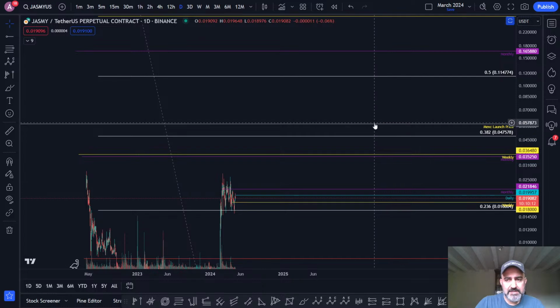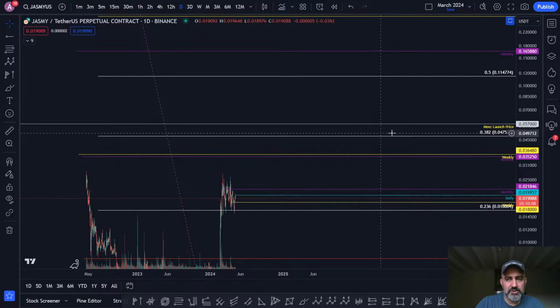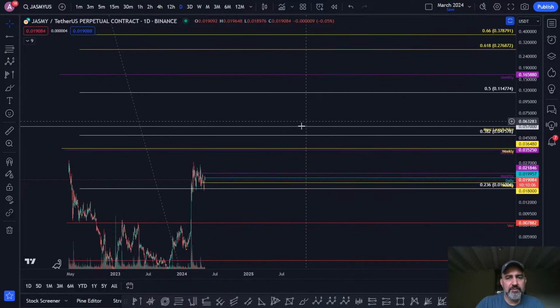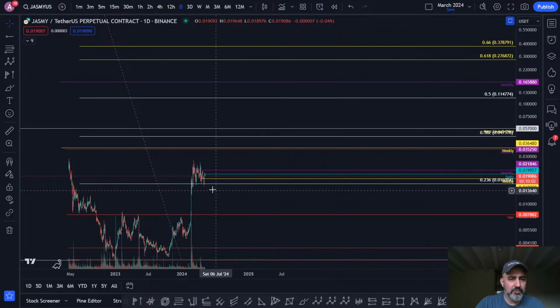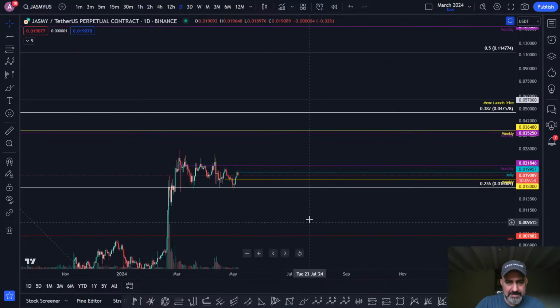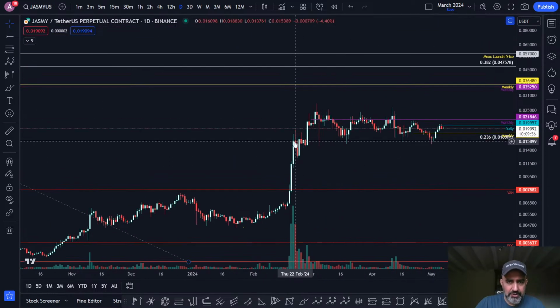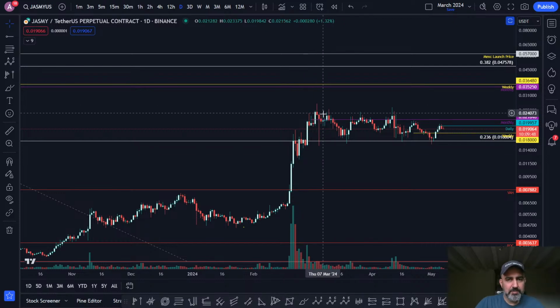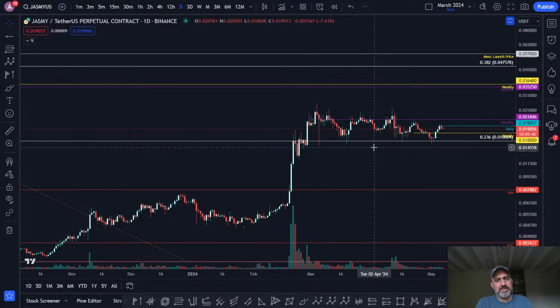I think the MEXC launch price is going to offer resistance, and that's slightly above the 382. Every one of these higher time frame fib levels will react to the price. In the previous price action, you can clearly see that there was a reaction, and so naturally these fib levels are really good places to take profit. If you see that the price goes beyond it, then it's also a good place to put back in.